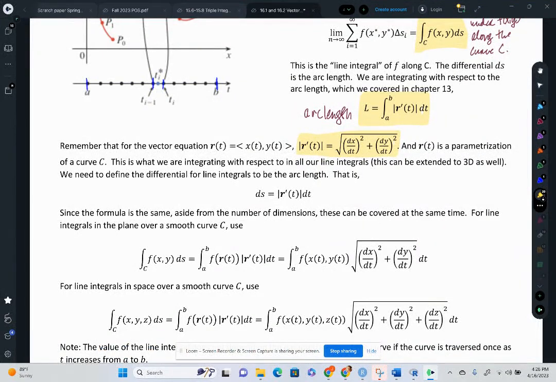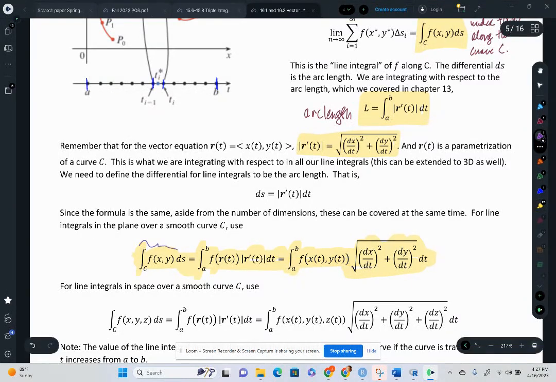I've given us a whole slew of formulas right here. They all are saying the same thing, but they all have slightly different notation in the hopes that you remember at least maybe two of them. Now, the first one gives us the least amount of information. Like if I saw this, the integral over C of f of x, y ds, it's not entirely clear what the parts are, okay?